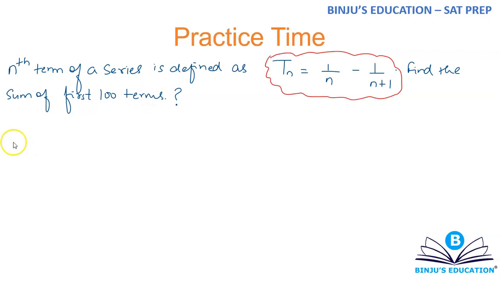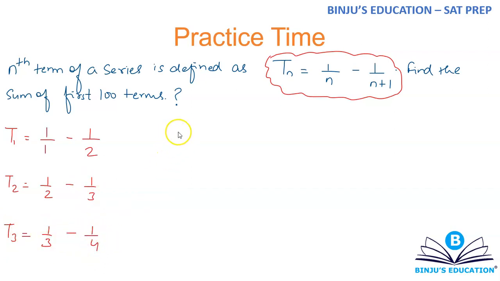For example, I can say that the first term of this series, which is t1, can be written as 1 over 1 minus 1 over 2. Second term of the series I can write as 1 by 2 minus 1 by 3. Then third term of the series I can write as 1 by 3 minus 1 by 4. Likewise, I can write the 98th term.